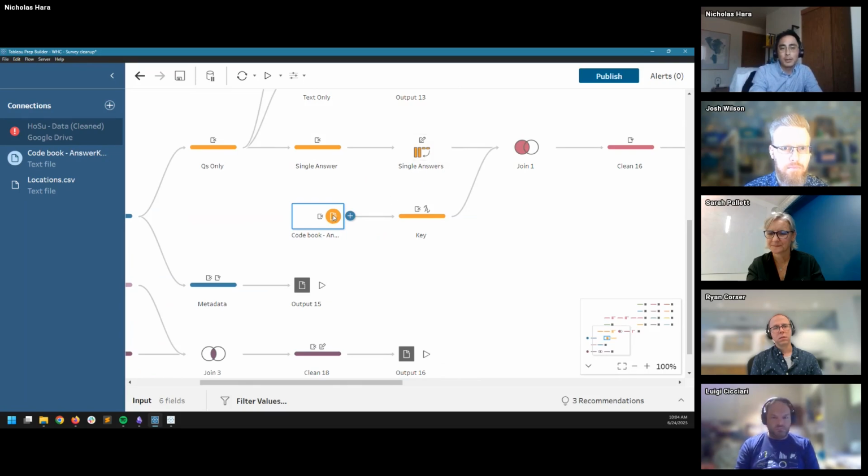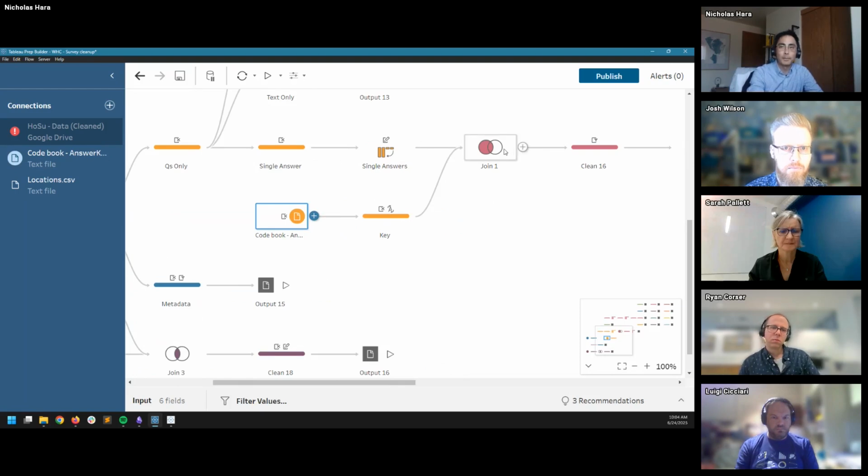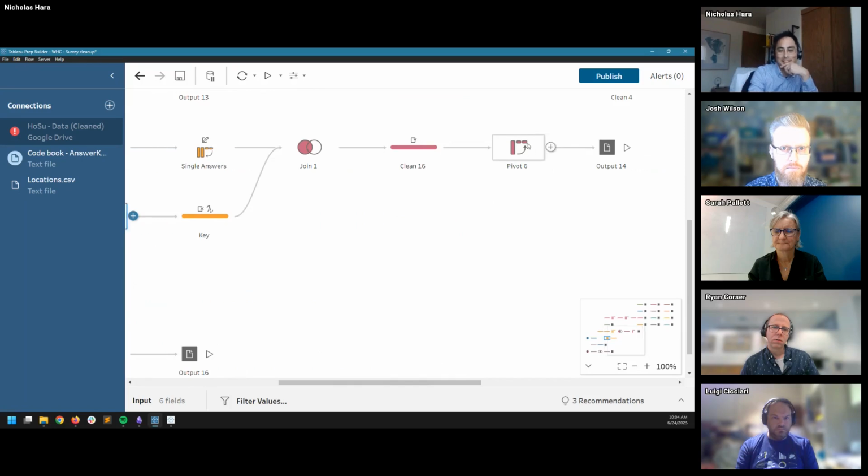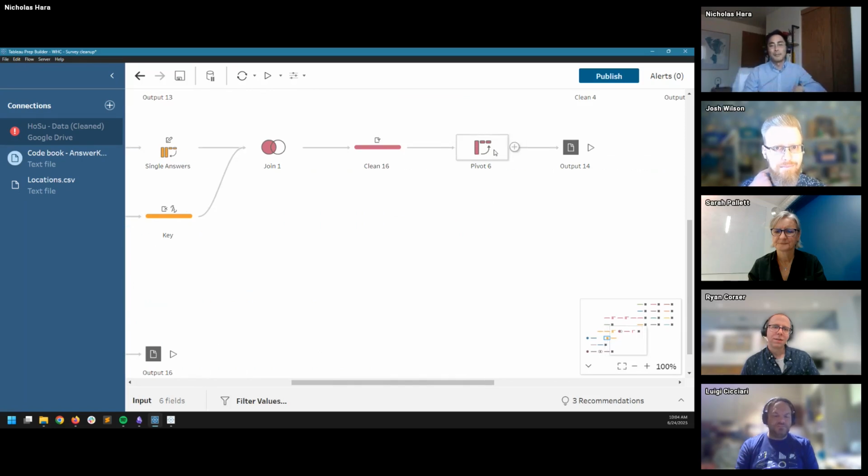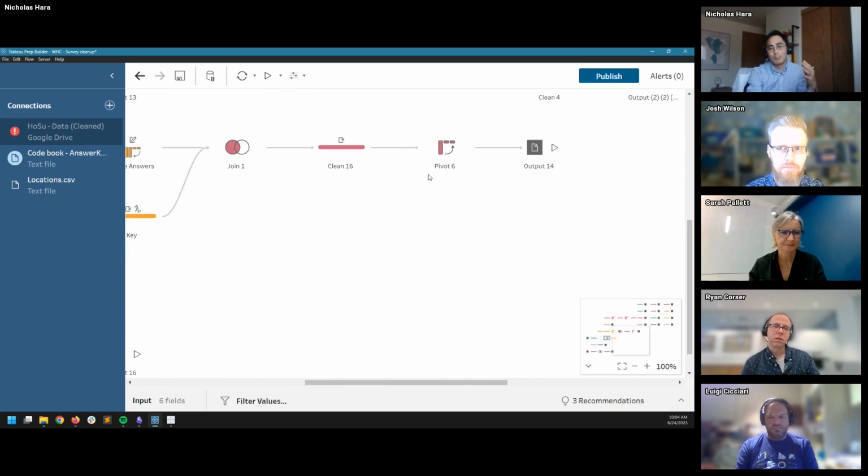And then I grabbed that code book, which you saw that snippet of before, where each question is coded along with their numeric value that isn't very human readable, along with the column that does have the human readable value. I joined those together right here. So everything's now joined. Q1 has these values and everything gets linked up. And then we're going to unpivot it back into their questions, fill it all in, and make it so that now every question has the human readable values associated with it. Again, I think this probably could be simplified a little bit, but it's the way that I think about it in a step-by-step manner, and it just helps me.